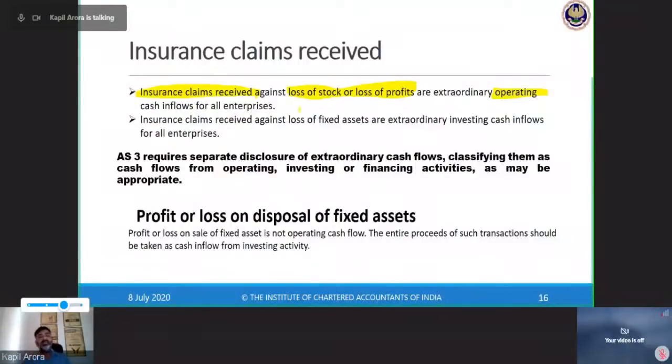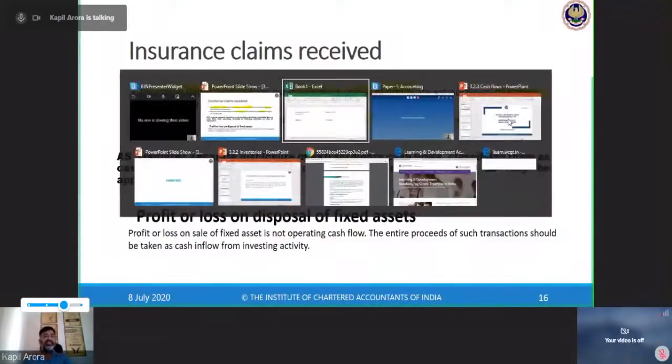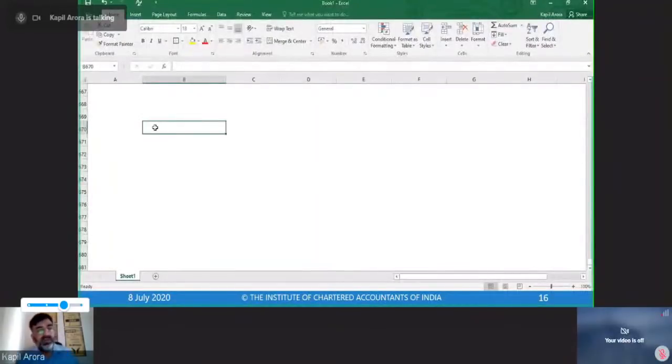Whereas an insurance claim against fixed assets will always be considered as investing activities, because that is part of my investments, non-current assets or long-term assets. Hope this is fine. But the question is how to present that. These will always be presented separately. It should not be netted off again.